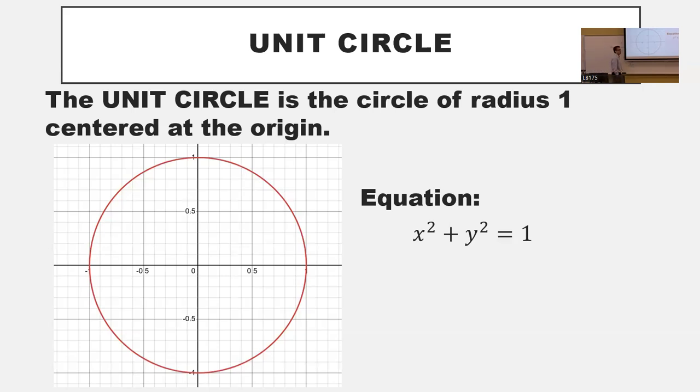And for the sake of ease, we always start the unit circle centered at the origin. So our unit circle is always centered at the origin and of radius 1. The equation for that is the following: x squared plus y squared is equal to 1.